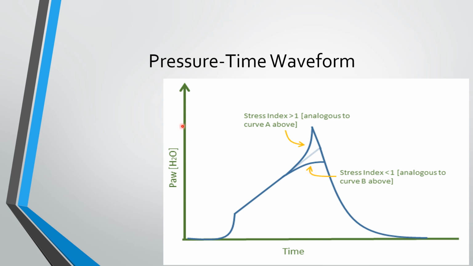It indicates stress index less than 1 and recruitment is ongoing, while the line above the linear line, which is bending towards the y-axis, denotes stress index more than 1 and a reflection of overstretching.